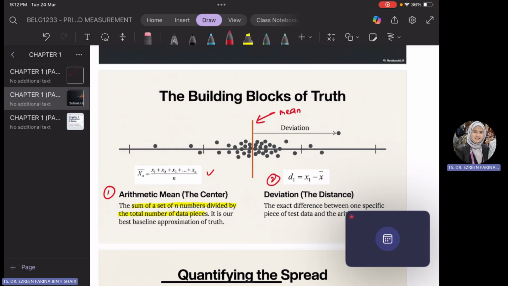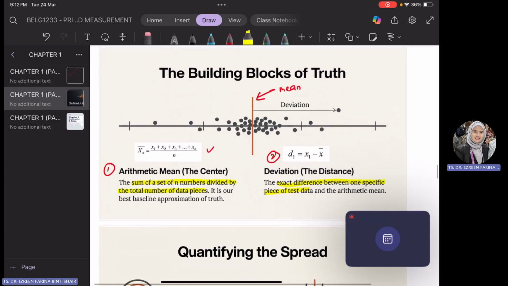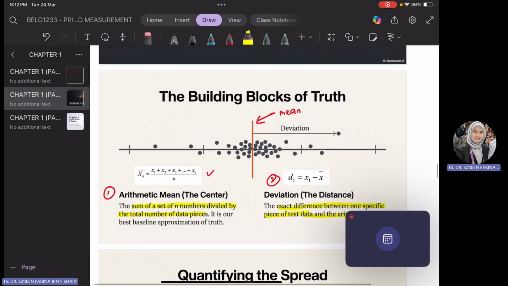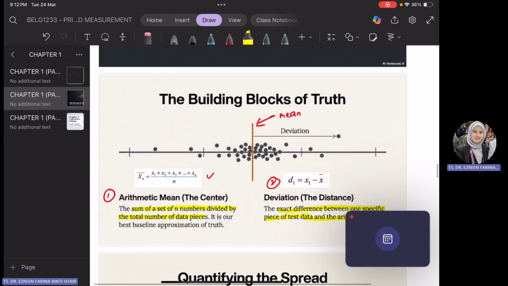The second statistical analysis is the deviation. Deviation, or we call it the distance, is the exact difference between one specific data point and the arithmetic mean. Before this we calculated the mean value, which is the center, and deviation is the difference between each data point with respect to the arithmetic mean.